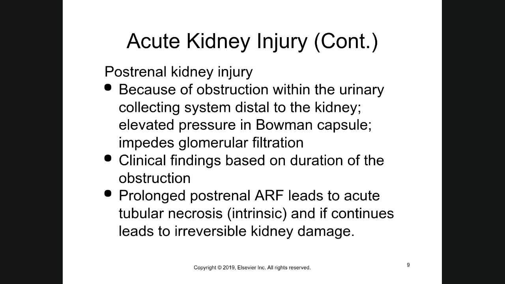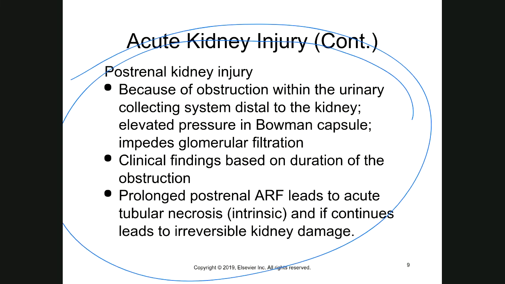This is a multiple choice. See over here the Bowman capsule that I showed you from the other slide? That's what I'm talking about. Because of the obstruction within the urinary collecting system distal to the kidney, there is an elevation of the pressures in the Bowman capsule that doesn't allow the filtration inside of the PCT.